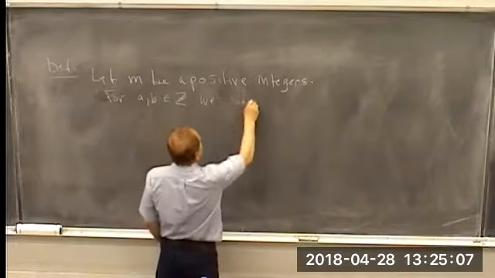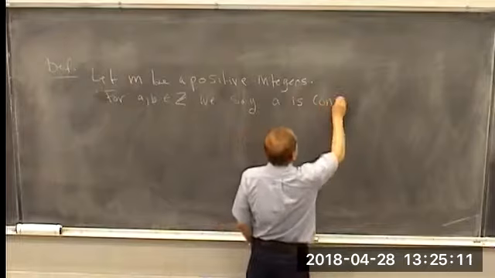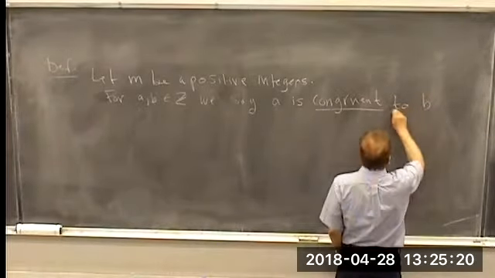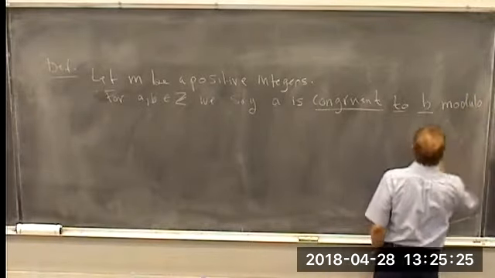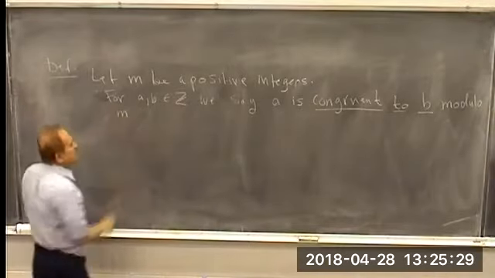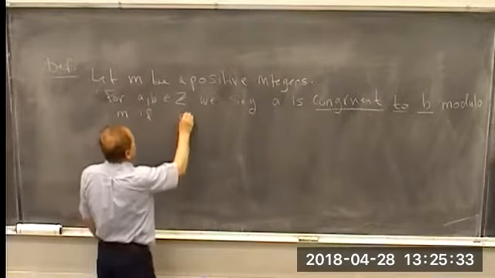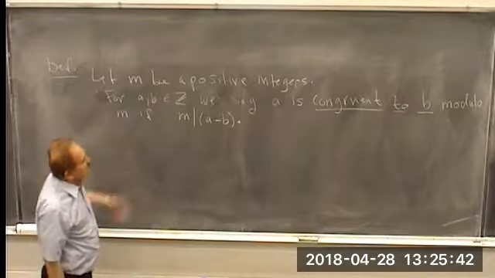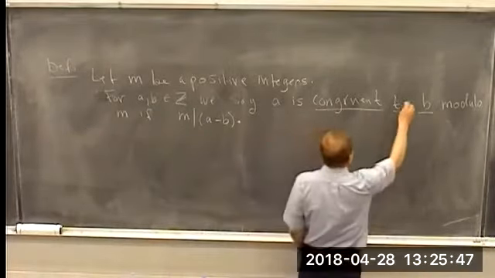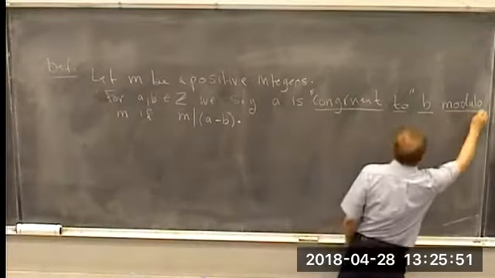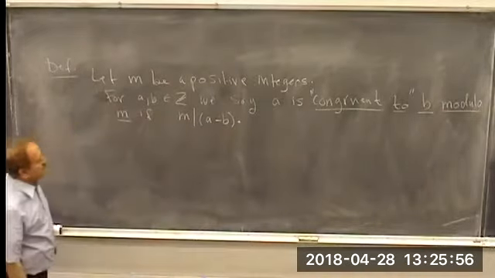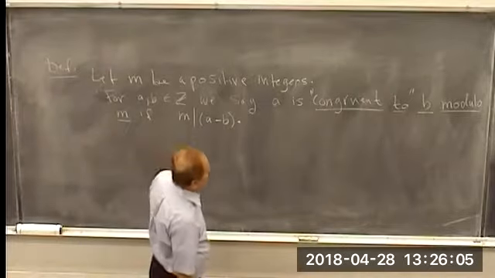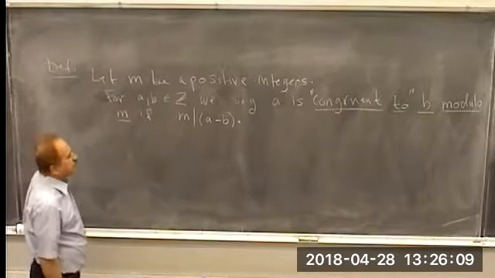We say A is congruent to B modulo M if M divides the difference between A and B. So in other words, we're given two integers, and we say that these two integers are related, what we call congruent mod M, if M divides the difference between A and B. We're going to use the notation or symbol used by Gauss to express this relationship between A and B.